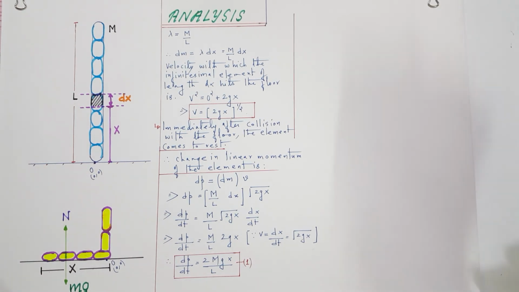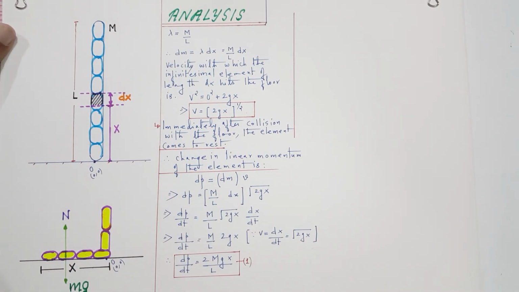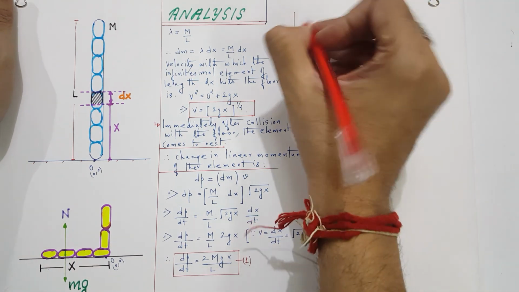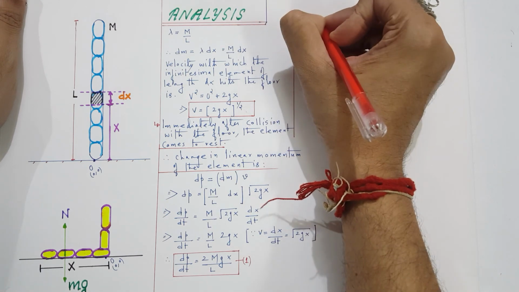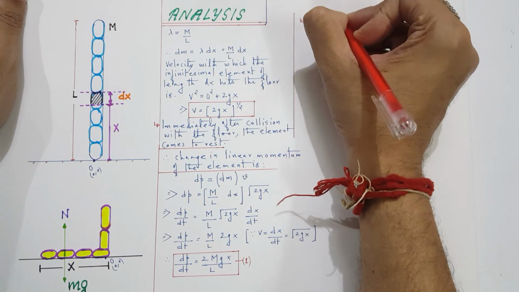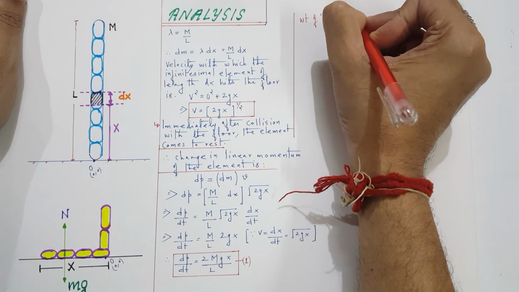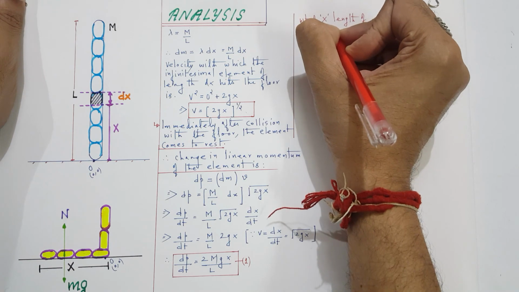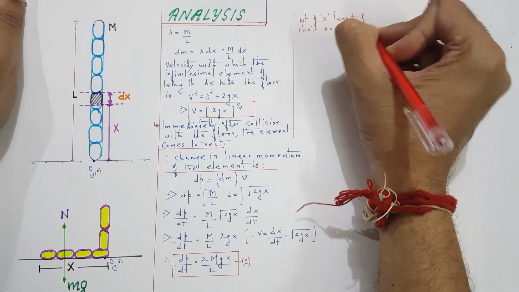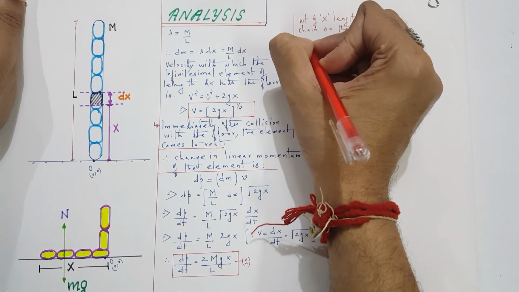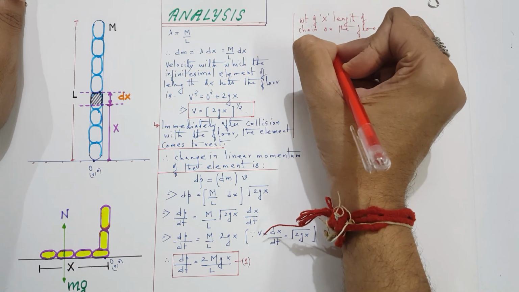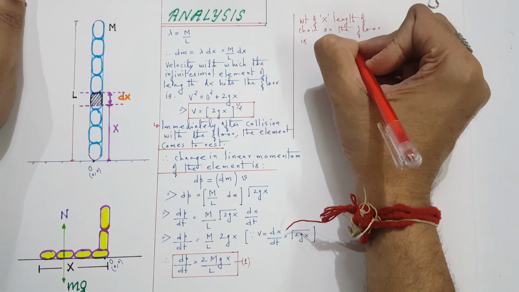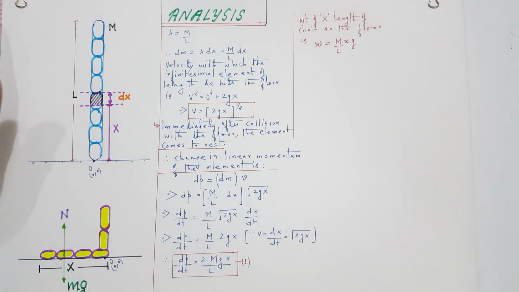So now, the weight of this x length of chain on the floor is W equals M by L x multiplied by g.